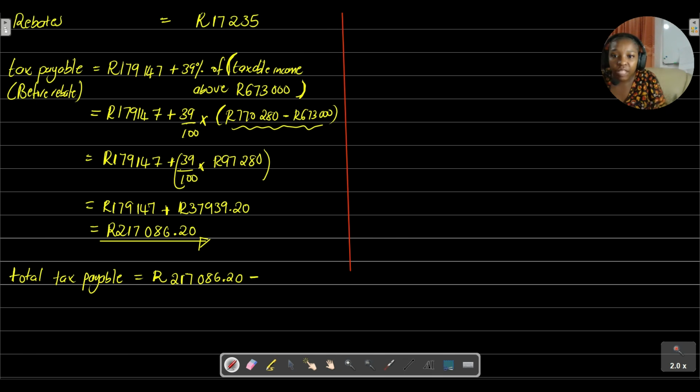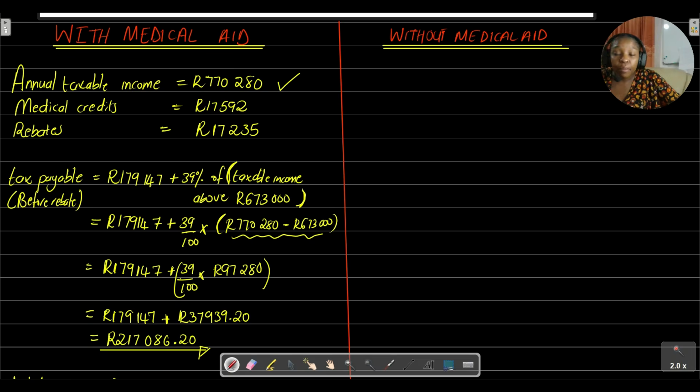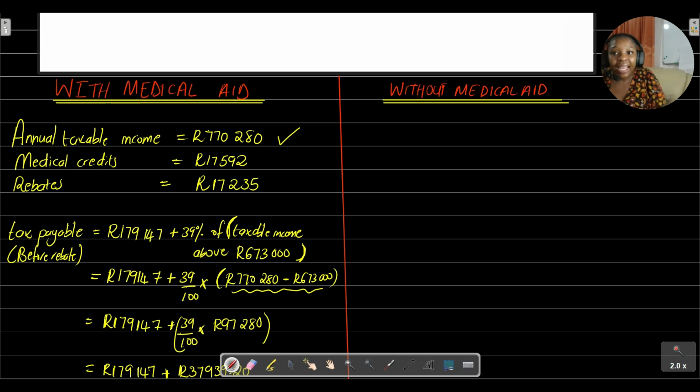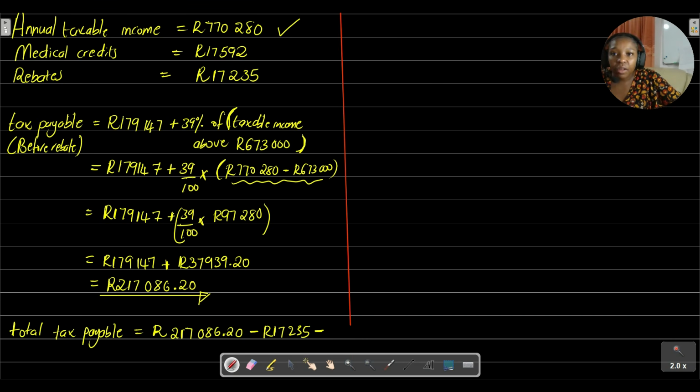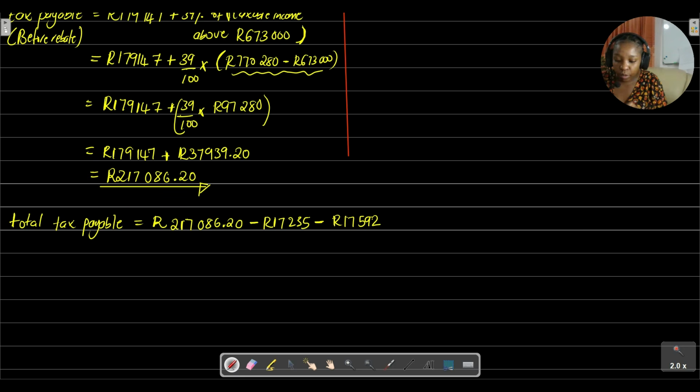We said that he qualifies for the primary rebate of 17,235 and minus the medical credits, okay? Because in this situation, it's with medical aid. So we're going to minus the medical credits of 17,592. Okay, so then how much tax must Mr. Parker pay?